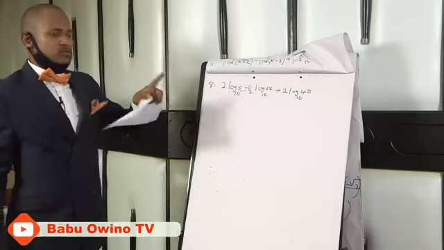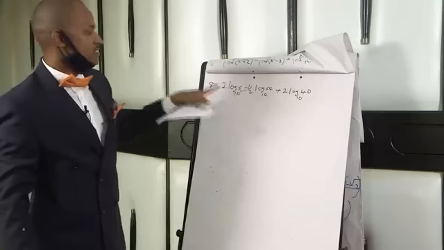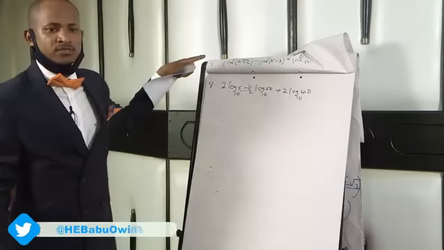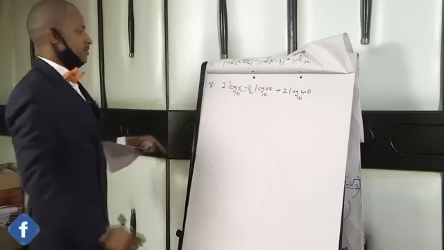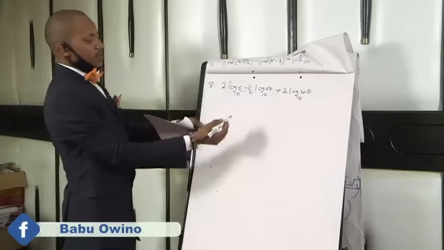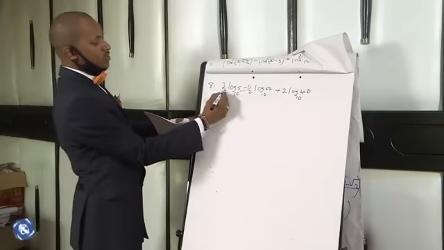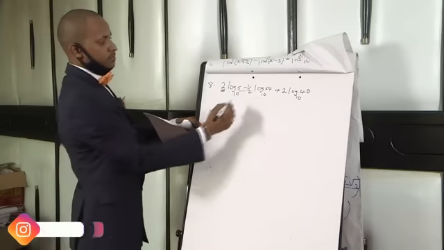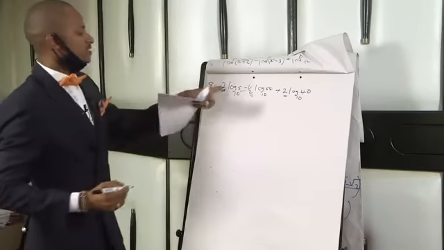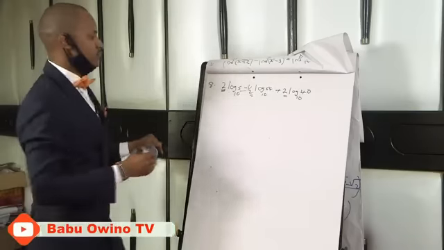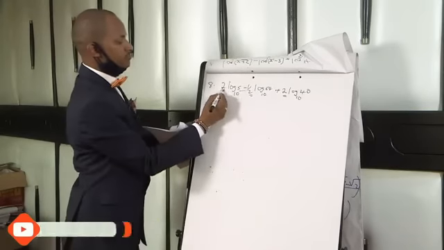This time round, I told you the first thing is to check the bases. The first question we dealt with the logs to base 8. Now we are dealing with logs to base 10. Number 1, ensure that these coefficients, the constant values, you rewrite in such a way that it goes back to its original value. So how was it before it became this value?